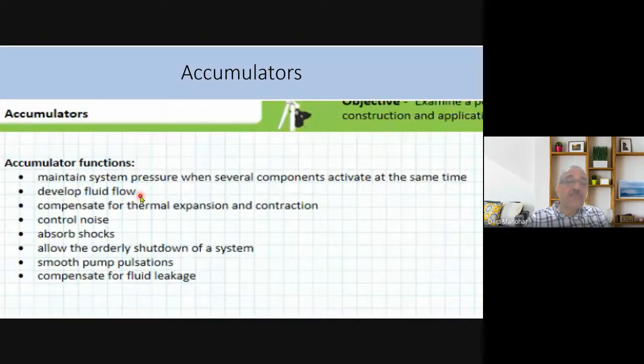It will compensate for thermal expansion and contraction in the system, control noise, absorb shock, allow the orderly shutdown of the system, and smooth out pump pulsation, and provide leakage compensation.